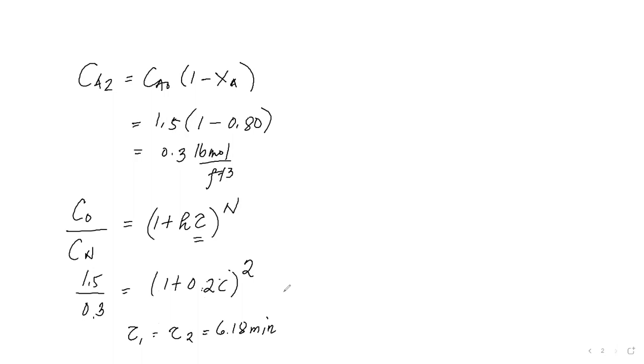Now, since we already have the space-time for our reactors that are said to be equal size, going back to the same formula, we can now determine the concentration for the first reactor because we know already the concentration leaving the last reactor. We need to know the concentration leaving the first reactor. So using the same formula, this time I'll write CO over CA1 is equal to 1 plus k tau. Of course, this has to be 1 because my concentration here is 1.